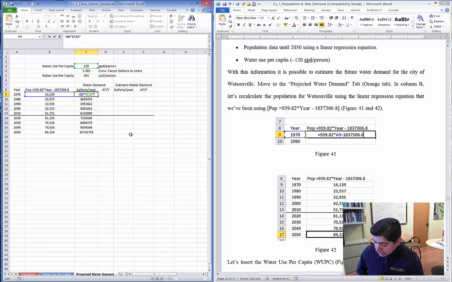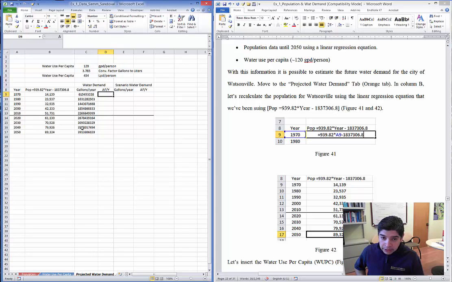And we need to multiply this, so this is per day. We need to multiply it because we want to obtain the gallons per year times 365, which are 365 days. Okay, so now we have that value. And this is in gallons.